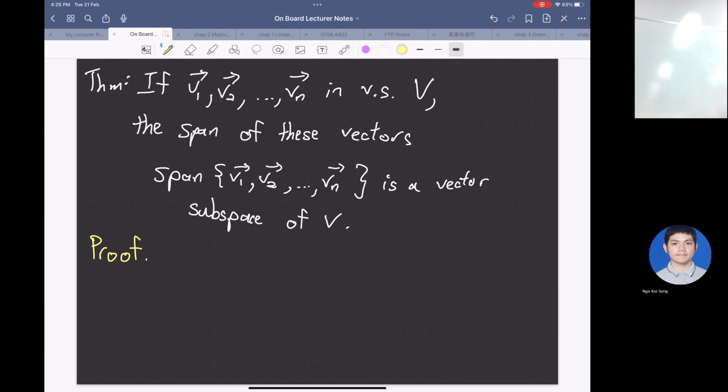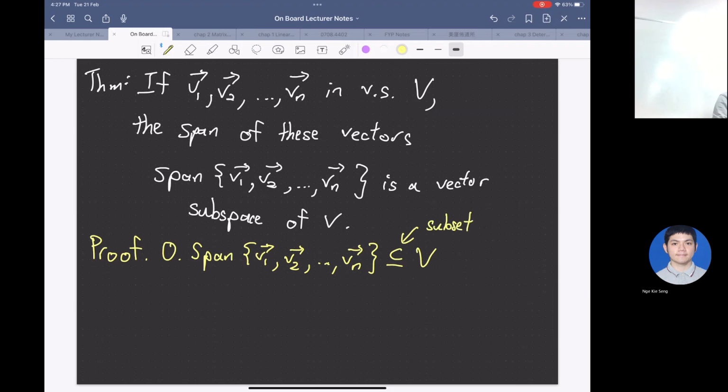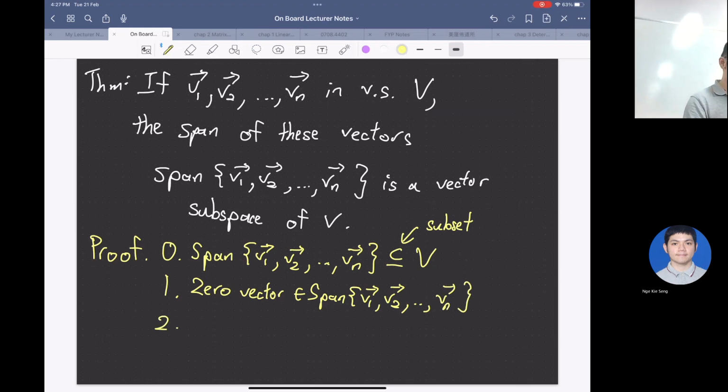Why does this set satisfy the 3 conditions? Any idea? Anyone? Want to share?